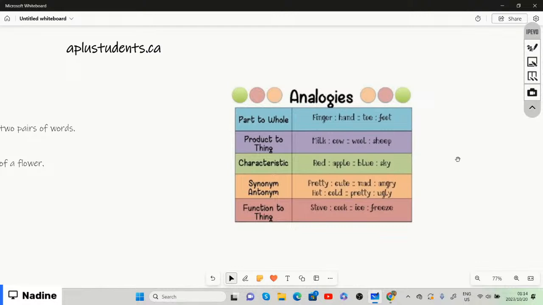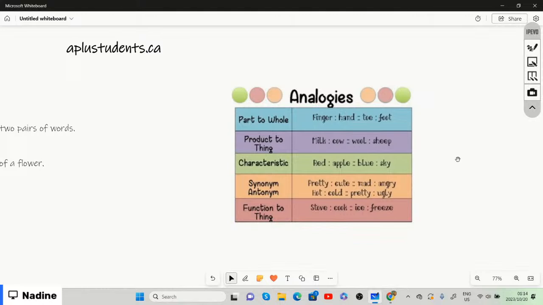And then functions to things, right? Like, for example, if we show the relationship between a stove and cooking, right? We cook on a stove, so we use a stove to cook, ice to freeze.